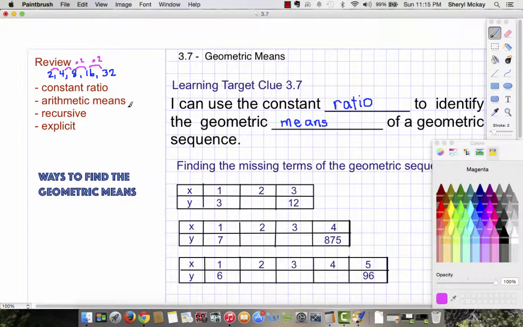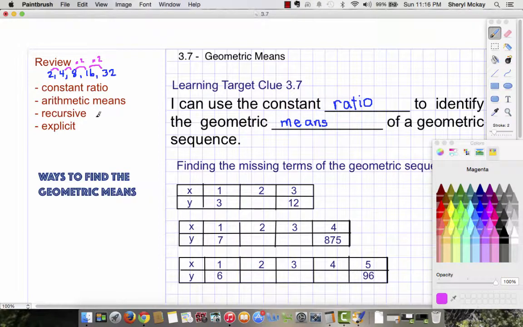And we talked about arithmetic means, and arithmetic means in our last lesson were all about finding those missing terms, and we found that we could think about the constant difference. If we knew what the first term was and we knew what the constant difference was, we usually could figure out any missing term.